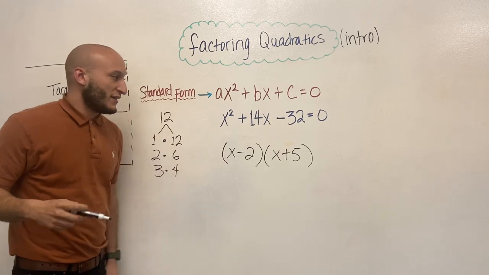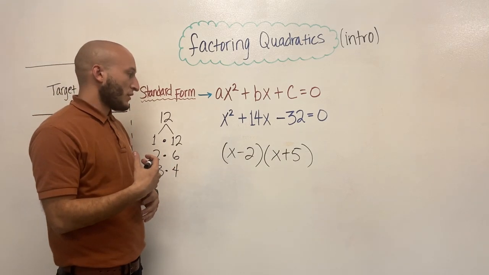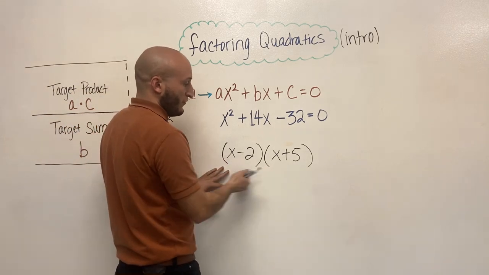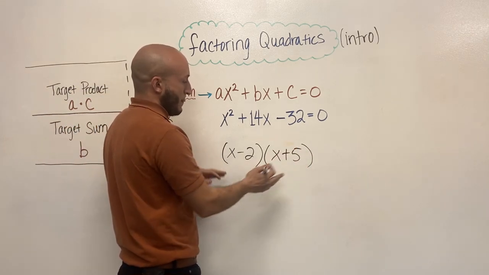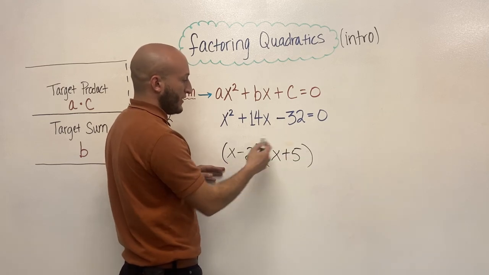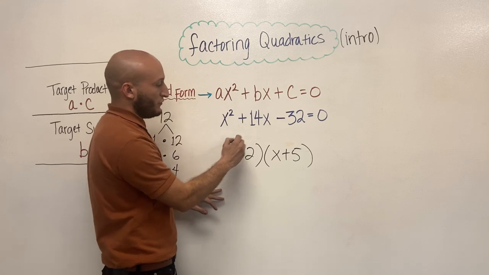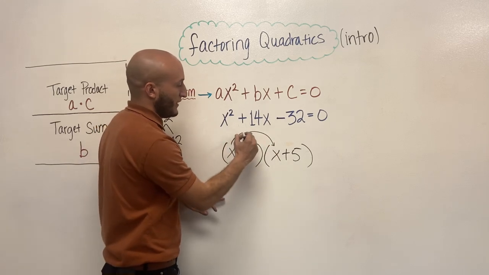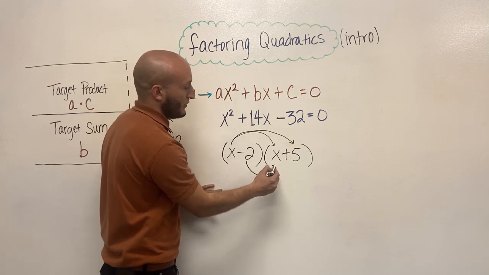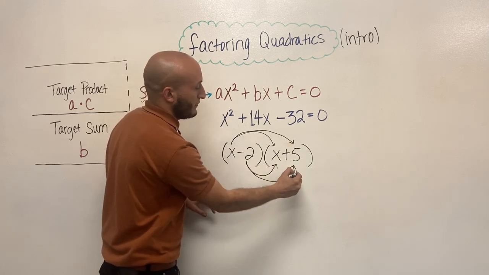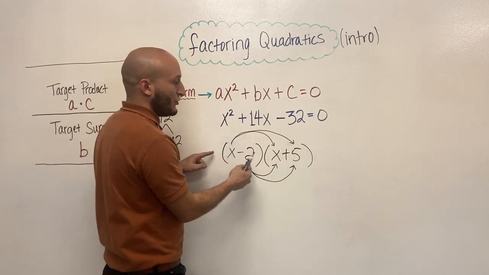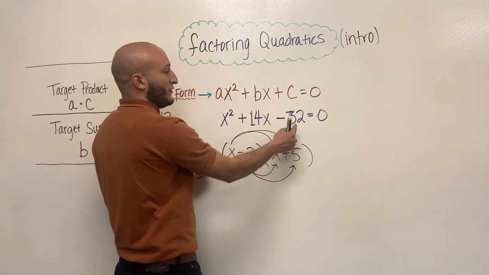Essentially what I'm doing here is a reverse foiling. Let's say this is already factored. If I were to FOIL, multiply x to both terms, multiply the -2 to both terms, and combine like terms, I should go back to this quadratic.